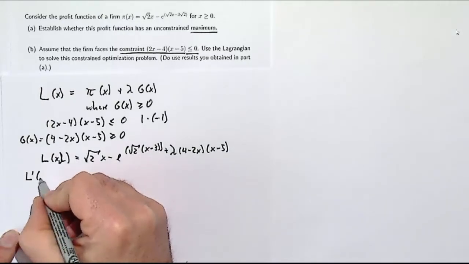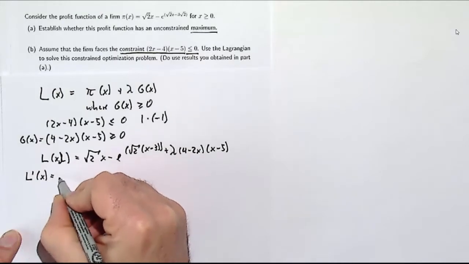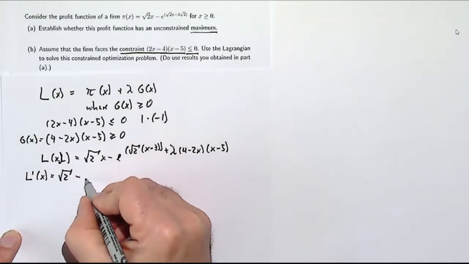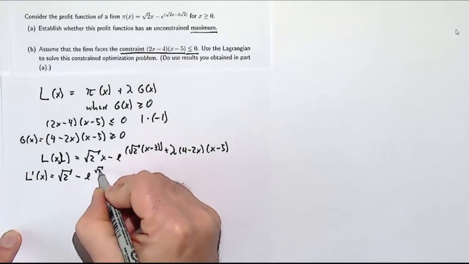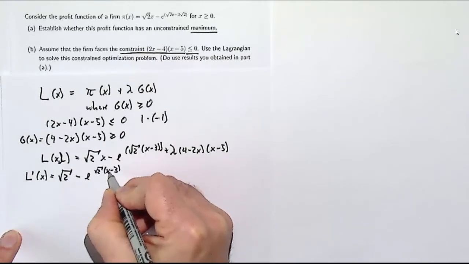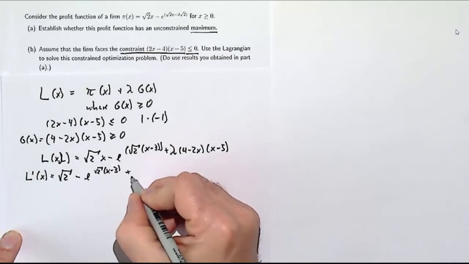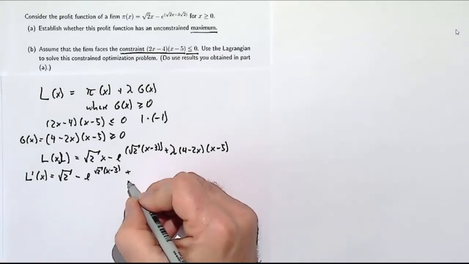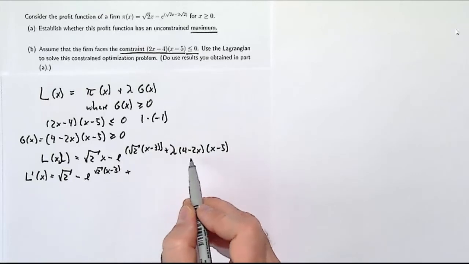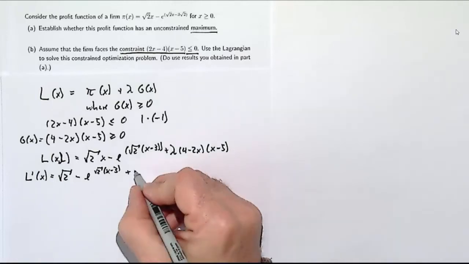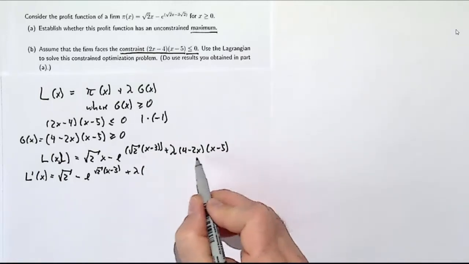So what we will need for sure is the first derivative of this Lagrangian function, the first derivative with respect to x. So here we go. The first part should look familiar from part A, and then we get a part from the lambda times the constraint bit, and here we have a product of two functions of x.